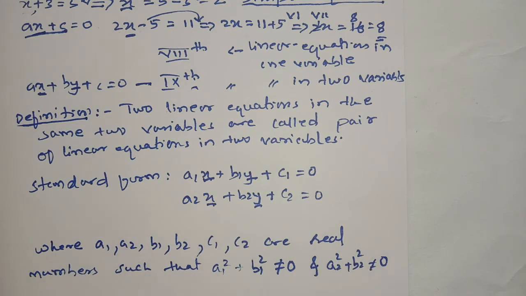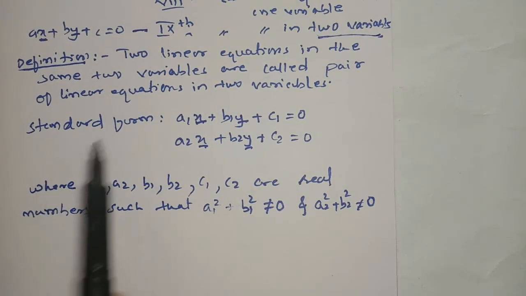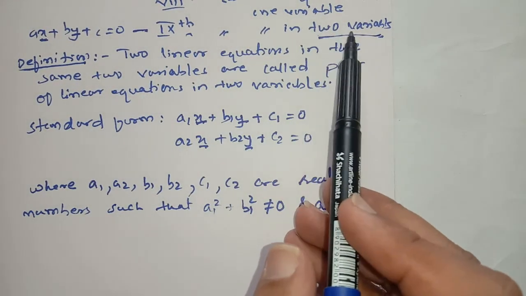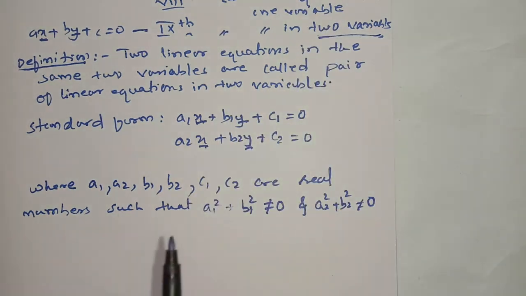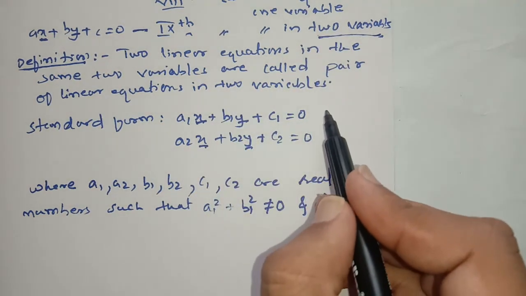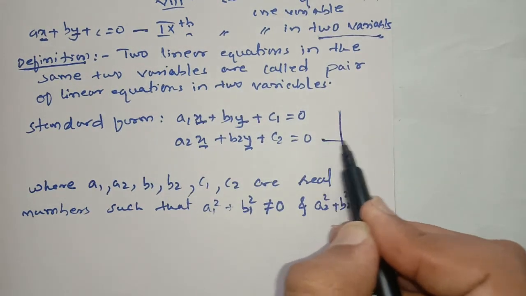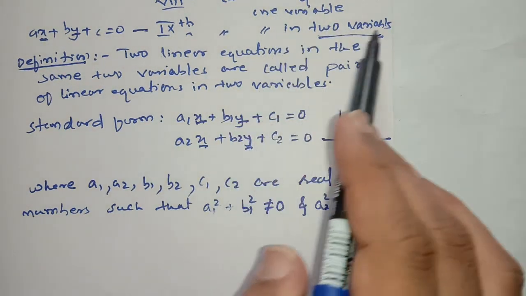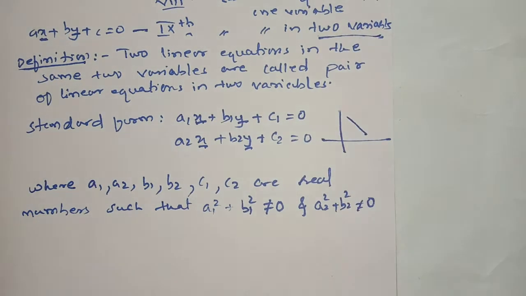Students, when you represent a linear equation in two variables in a graph, you will get only one line. Suppose you are drawing the graph for a linear equation in two variables, then you will get only one line.